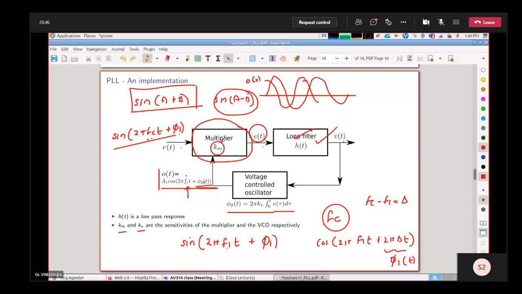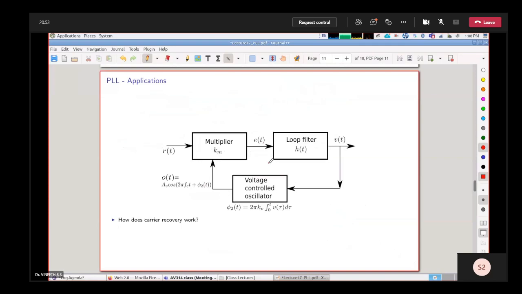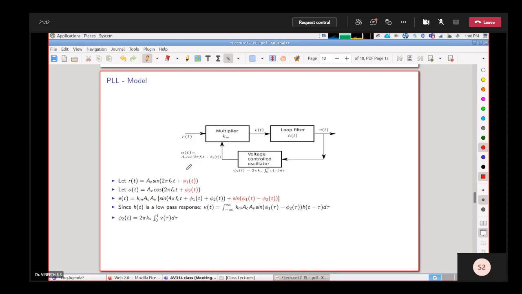They are just sensitivities that we have for this multiplier and this VCO respectively. I have just drawn it again. What we want to understand is how carrier recovery will work. How will we make sure that O of t is matched to the signal here?